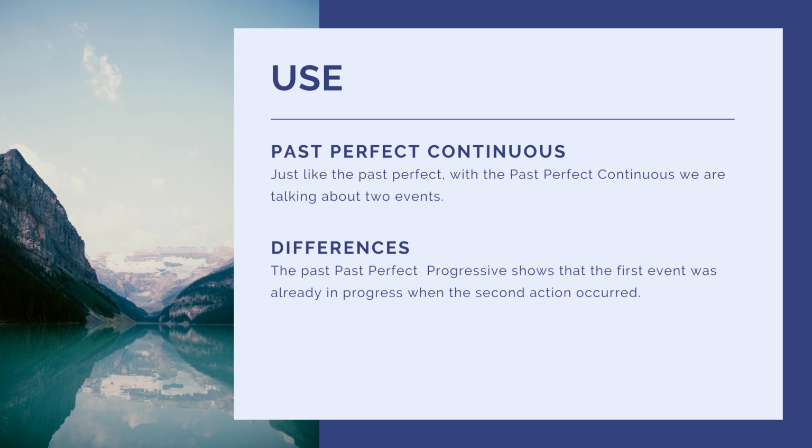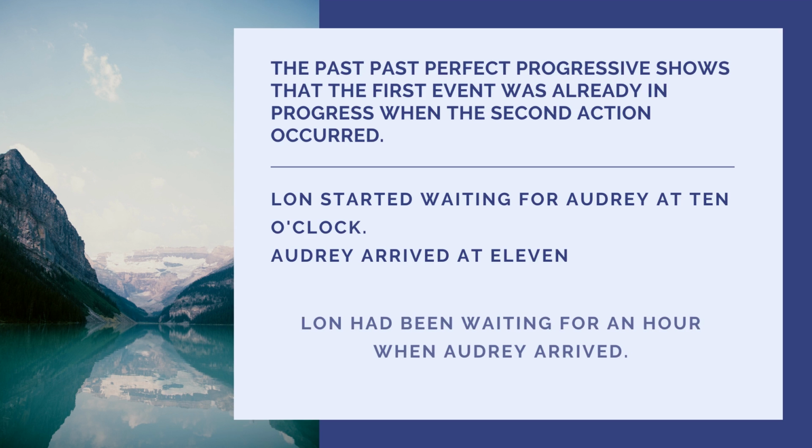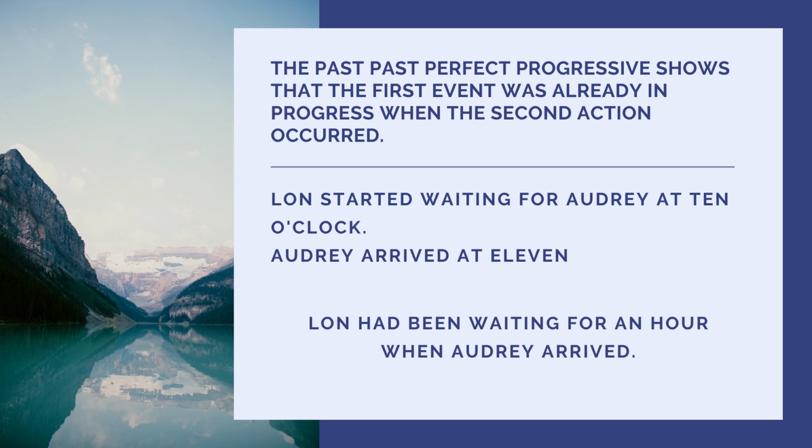So let's take a look at some examples. Remember, we use the past perfect progressive to show that the first event was already in progress when the second action occurred. In the example, Lon started waiting for Audrey at 10 o'clock and Audrey arrived at 11.